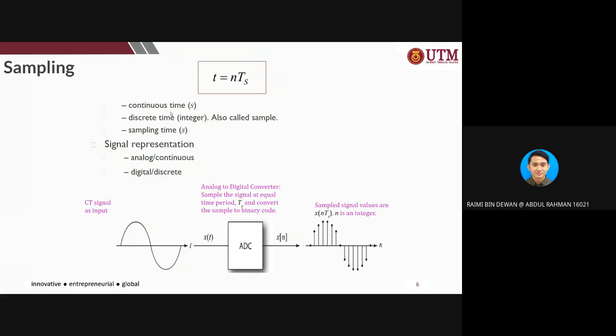So continuous time, in seconds, is this one, and discrete time is an integer, also called a sample. This is your n, and you have the sampling time Ts. The sampling time is the interval at which you perform this sampling.